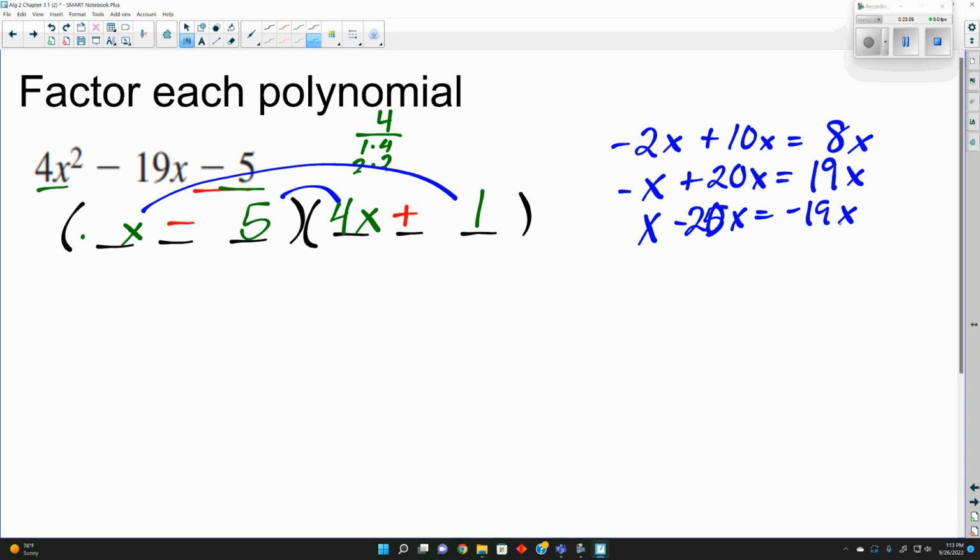Because if we tried to flip the terms and leave it as negative plus minus, we would have had to switch 4x and x here and 1 and 5 to get there.